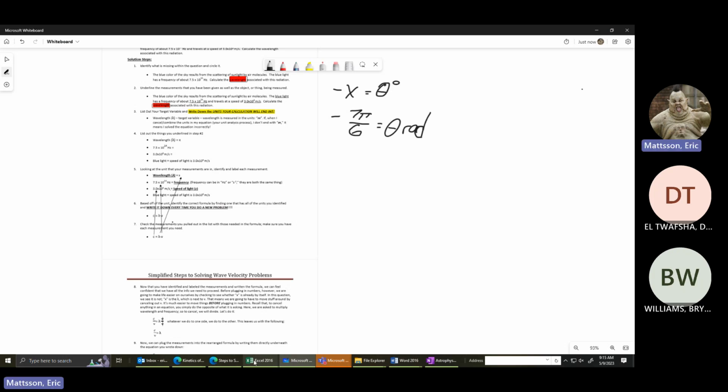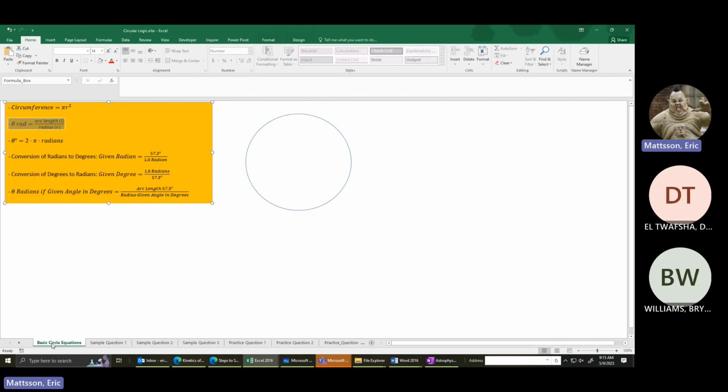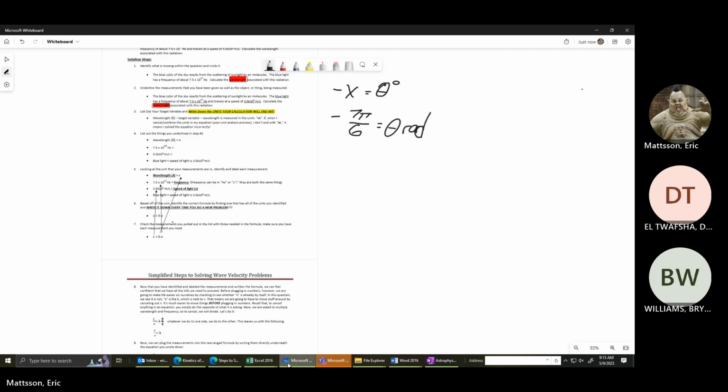Okay, so we can go to our equation chart. And again, I want to know the radians to degrees here. So it's my given radian value equals 57.3 divided by 1 radian. So I'm going to write that equation down.